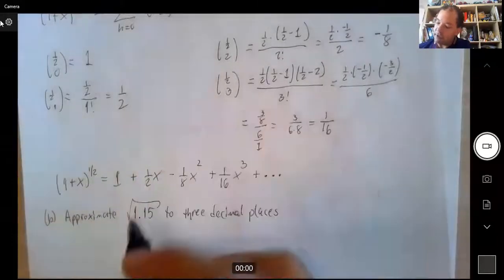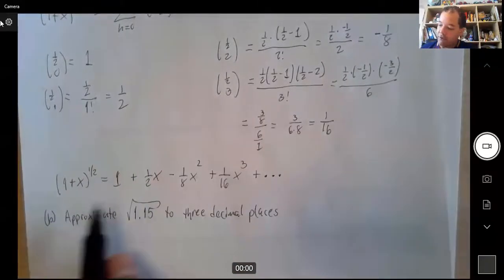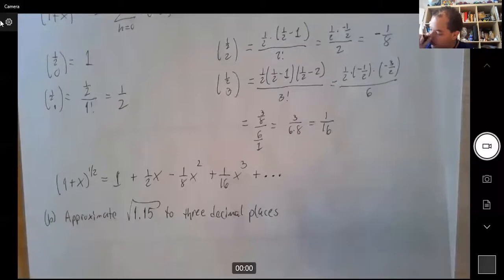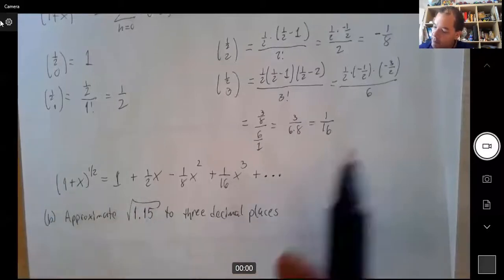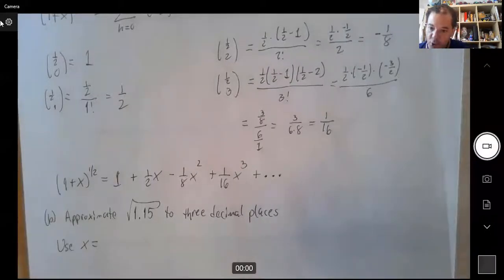So how do we relate square root of 1.15 to this function, right? In other words, what x should I plug in here so that I get square root of 1.15? Yes, 0.15. Thank you, Michael and Gerardo.